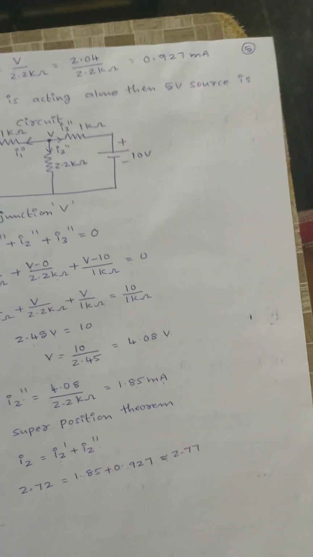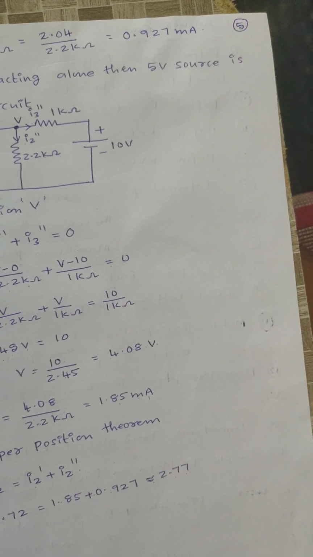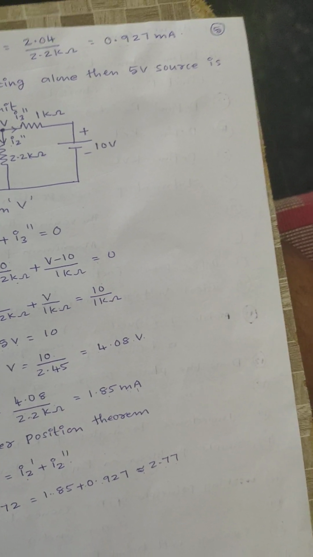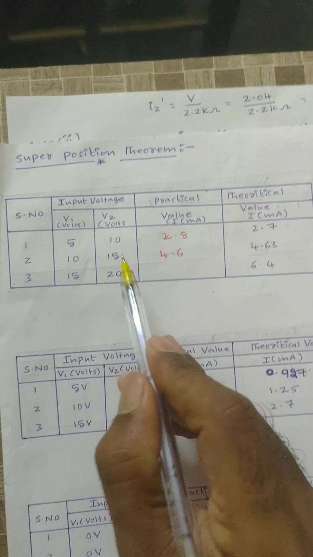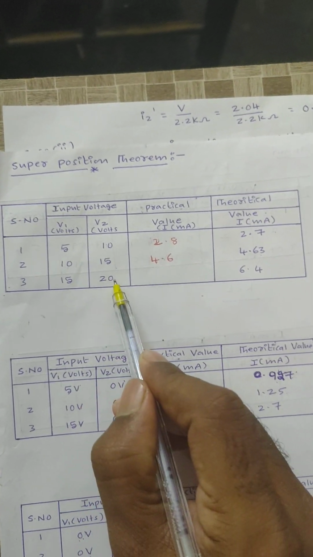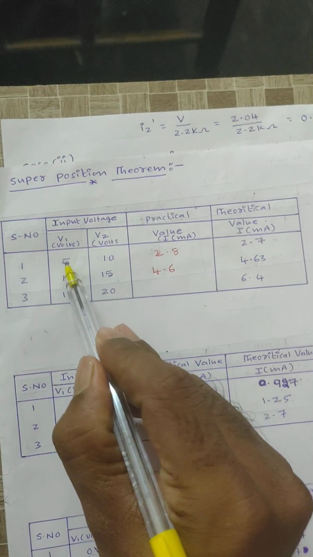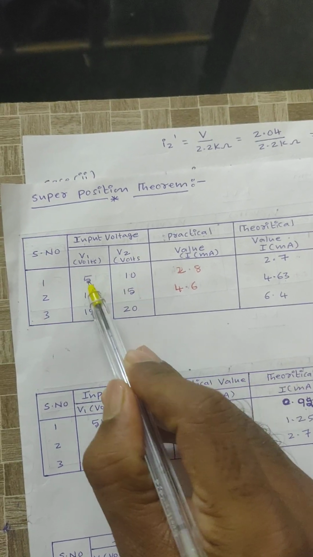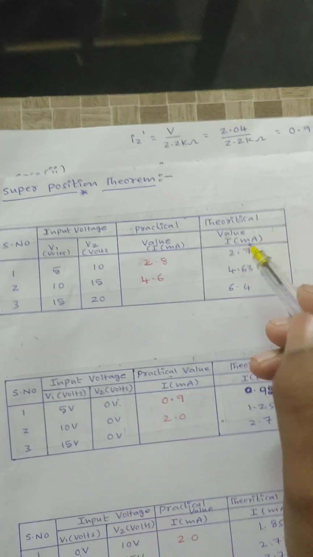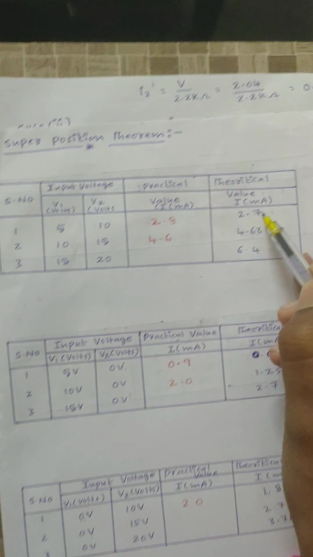Okay, here I calculated theoretical values for 5 volts and 10 volts, right? Similarly, you need to calculate theoretical values for 10 volts and 15 volts, and 15 volts and 20 volts, right? Here theoretically I calculated for two sources acting simultaneously. For 5 volts and 10 volts, I get a current value of 2.7 milliamperes.